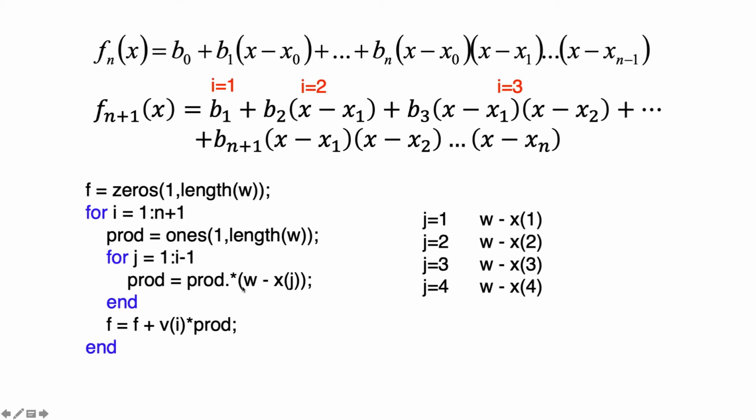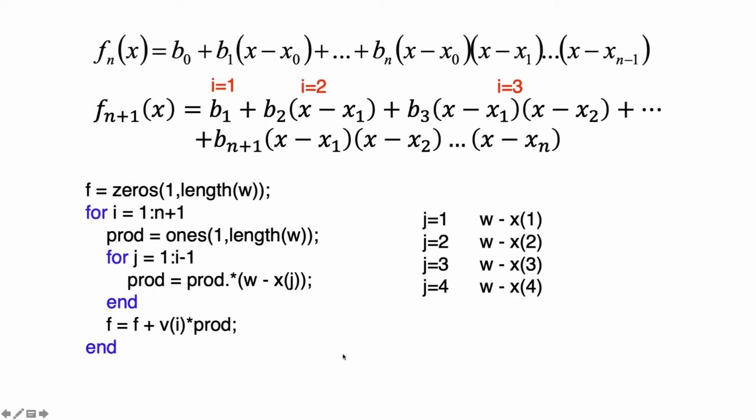So what we have here now is the product, which is equal to ones, times W, which is the given set of X data, minus Xj, where X is your data set. So this is X1, as it is written here.